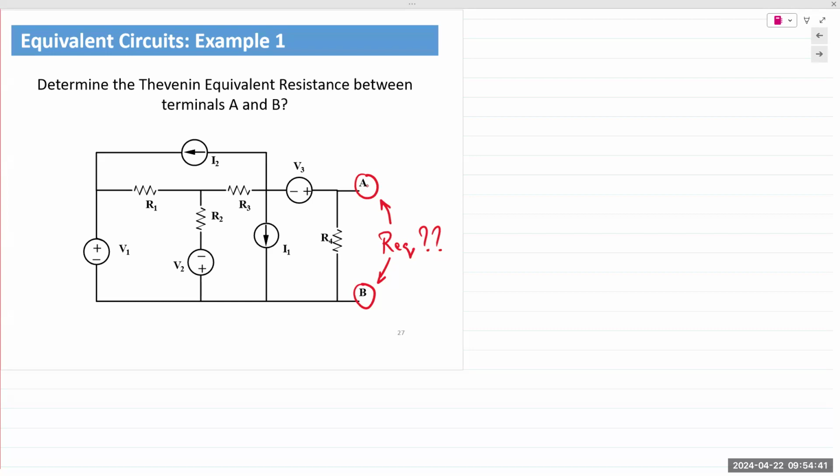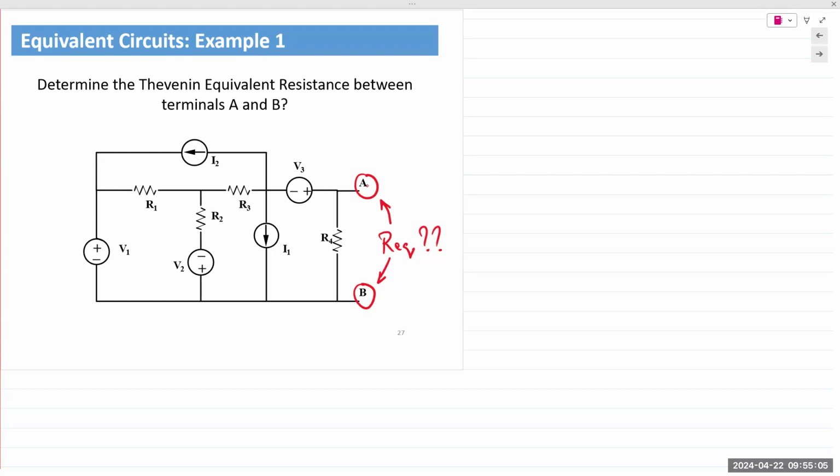Count the number of resistors. You have 1, 2, 3, 4 resistors. Draw everything out. Place a wire where the voltage source is connected and remove the current source. You don't need to have anything for the current source. Go ahead and draw it out and see how the circuit changes. In this case, we are only trying to find resistance, right?